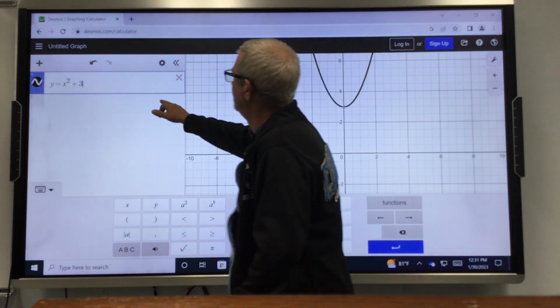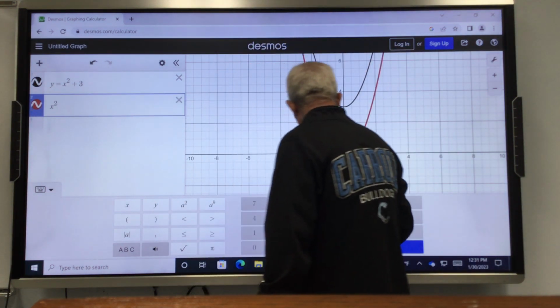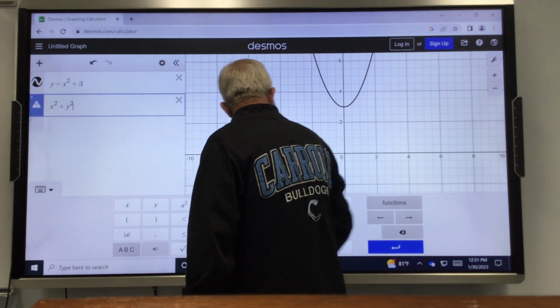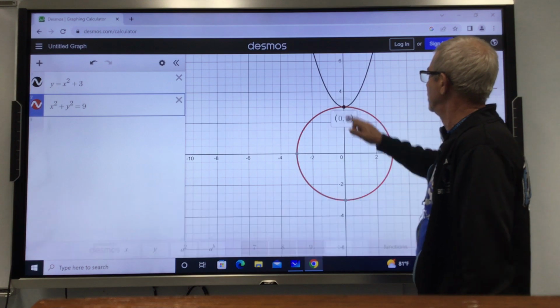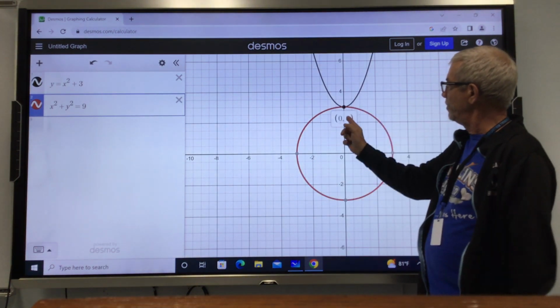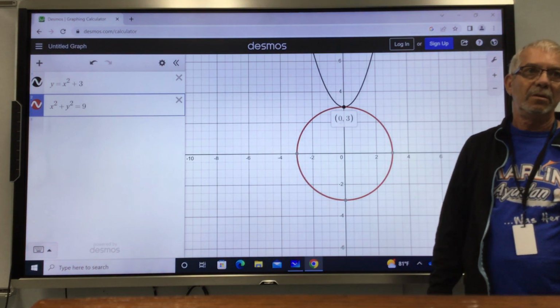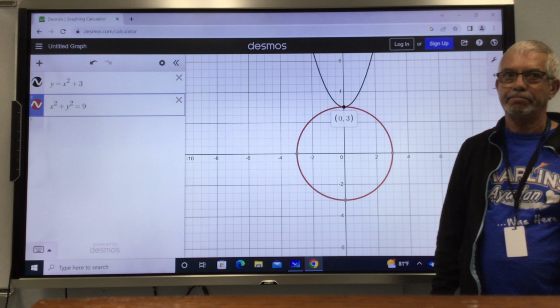And the second? x squared plus y squared equals 9. Look, the intersection between the two graphs is 0, 3. All right?